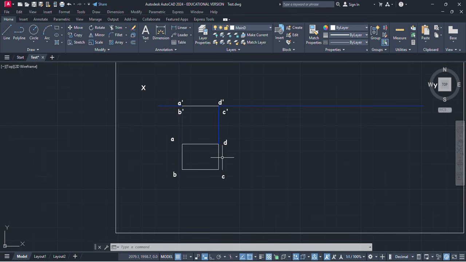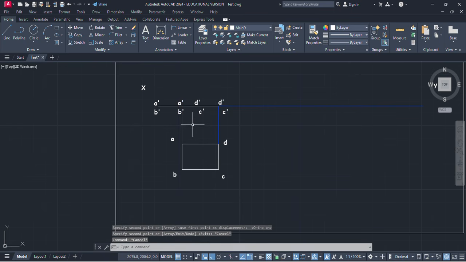Now for the second condition, the surface makes an angle of 60 degree with the HP. So for that step, just select this and copy it from here to here. Just select this, ortho mode on. Now select this thing, copy, base point here.